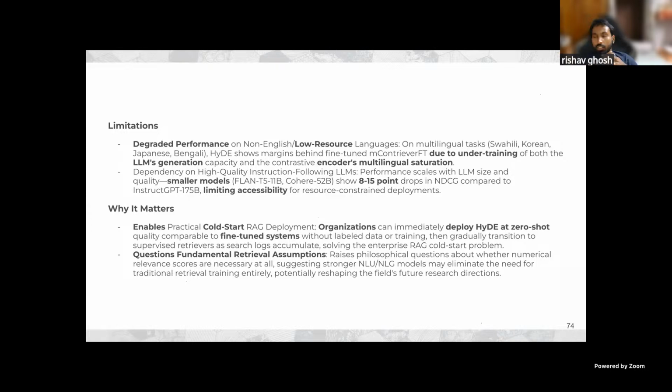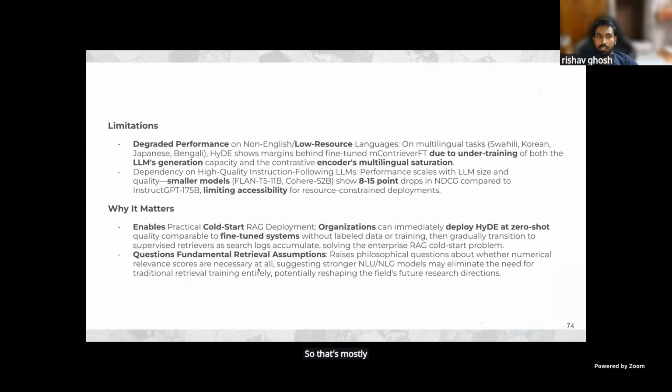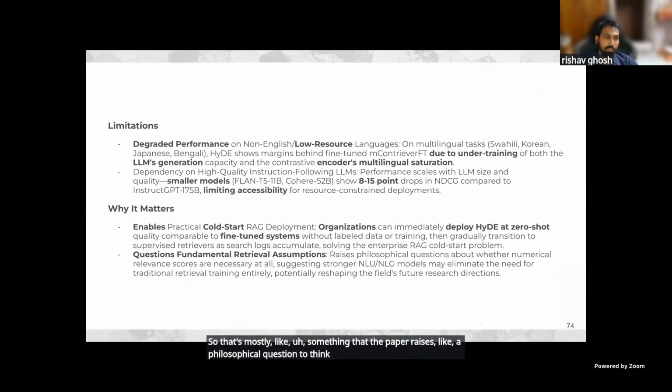But if we find that we don't really need the query and document cosine similarity to have great RAG models, then should we just focus on making better hypothetical documents rather than worrying about these numerical relevance scores? So that's something the paper raises, a philosophical question to think about.